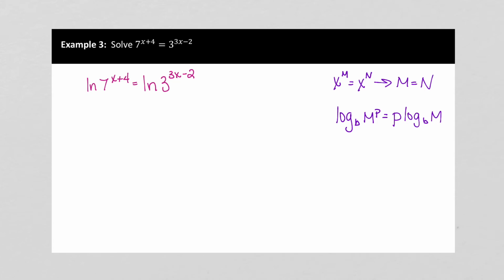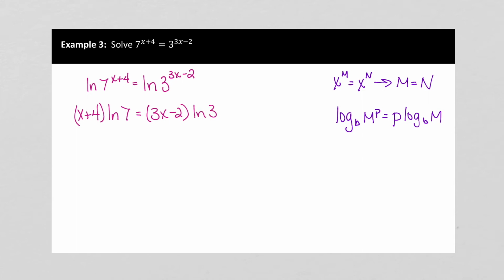We can bring the exponents out to the front. So we'll have x plus 4 times natural log of 7. And notice how I put that in parentheses because it's the x and the 4 being multiplied. So got to keep it in parentheses. And 3x minus 2 times the natural log of 3.